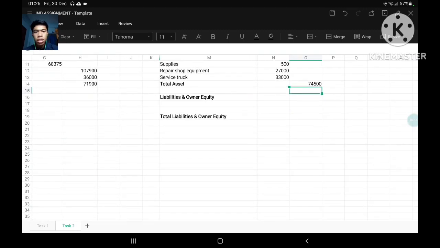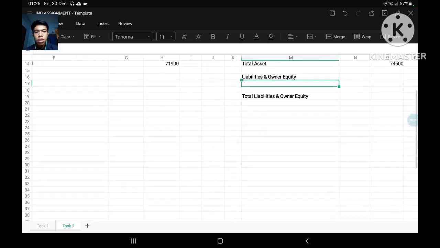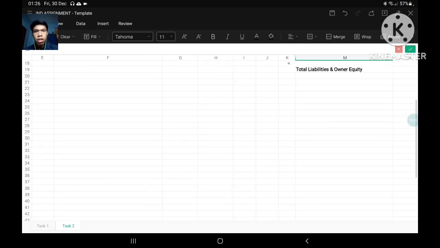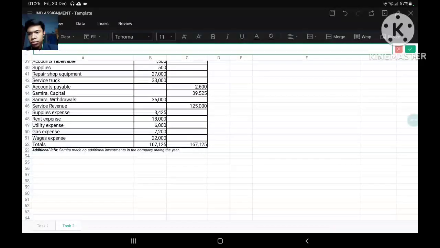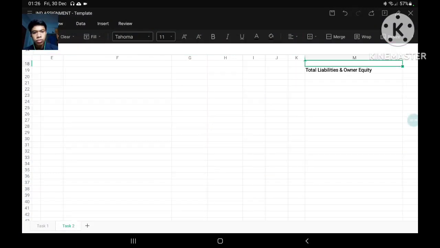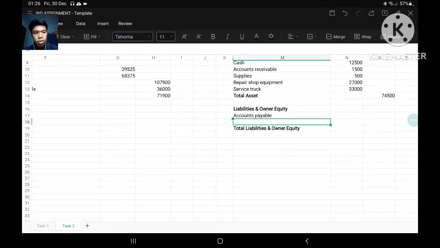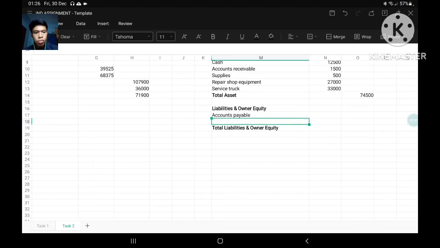Okay, next is the liability and owner's equity. The liability is equal payable and the amount.